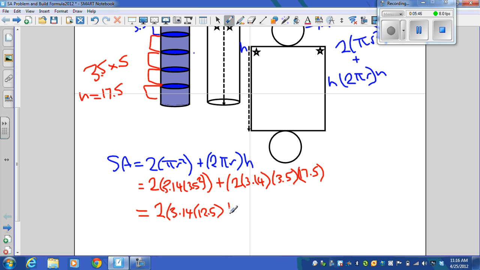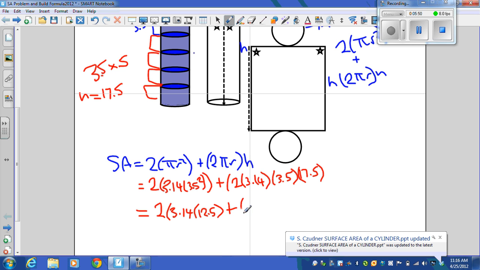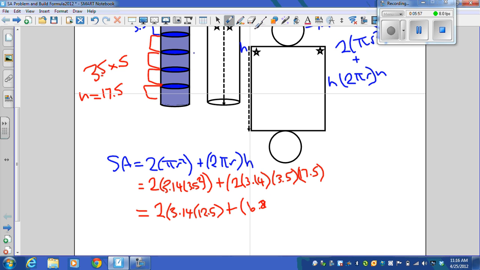Then I'm going to do it in little sections. 2 times 3.14 gives me 6.28.